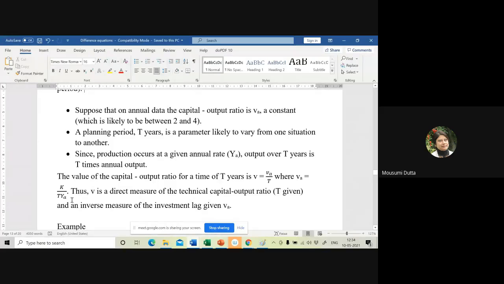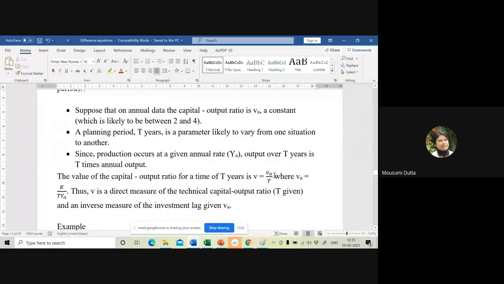If VA is K by YA, we can substitute and write V as K by T YA. Thus V is a direct measure of the technical capital output ratio given T, and an inverse measure of the investment lag given VA. So this is the entire definition of V.